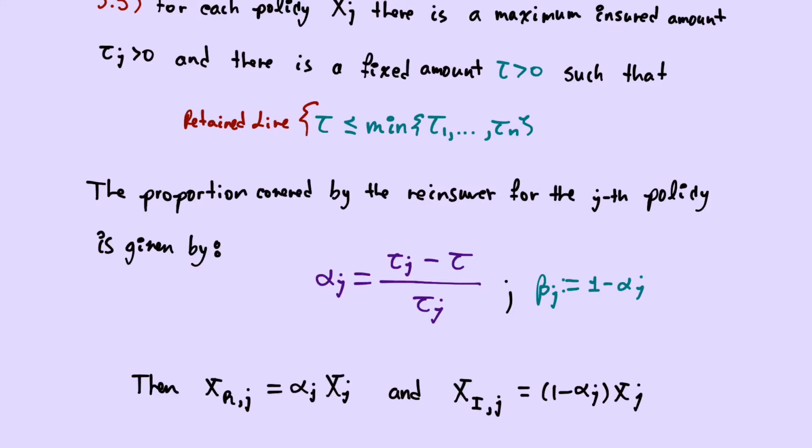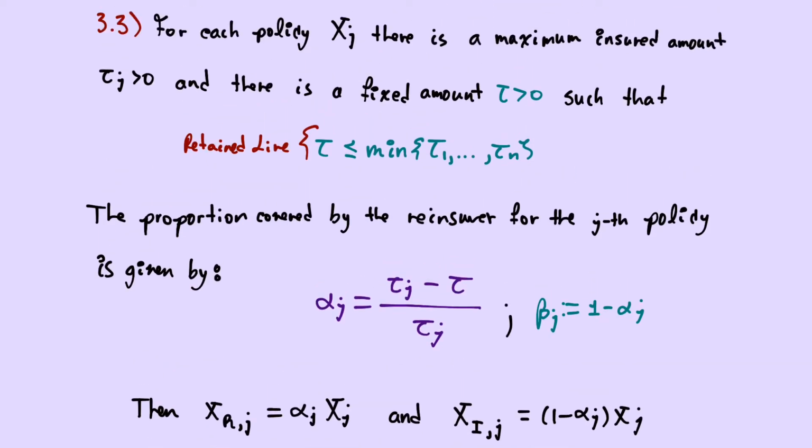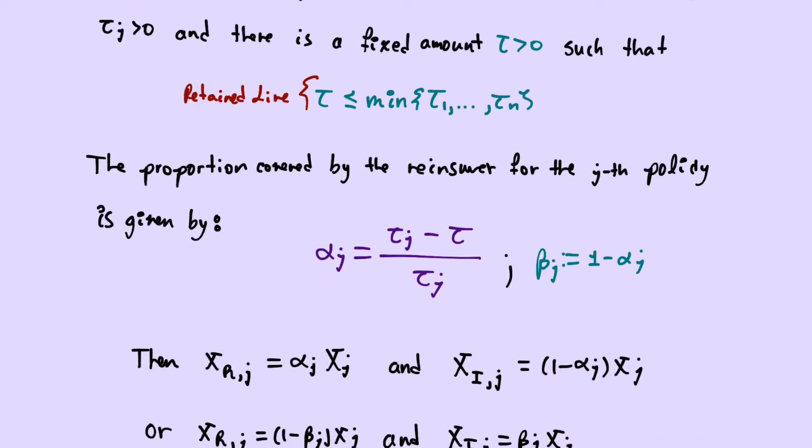So the idea is that which proportion you will cover for a specific policy depends on how much its maximum insured amount exceeds the retained line. You can do the math and check what happens if this value tau_j is big, or what happens if it is small.